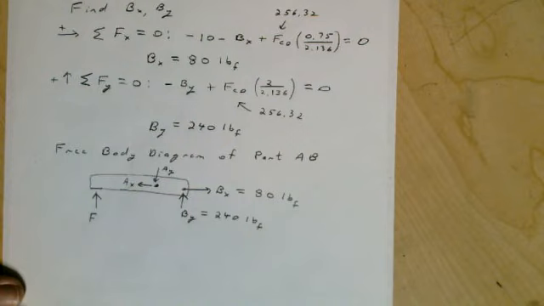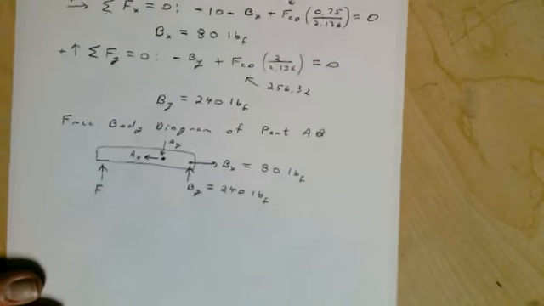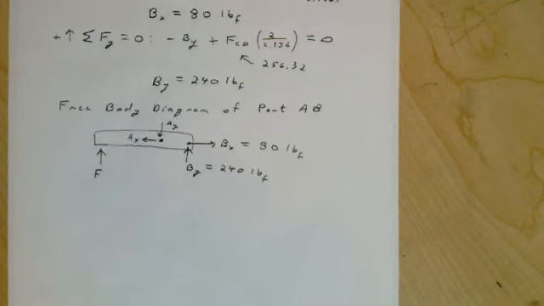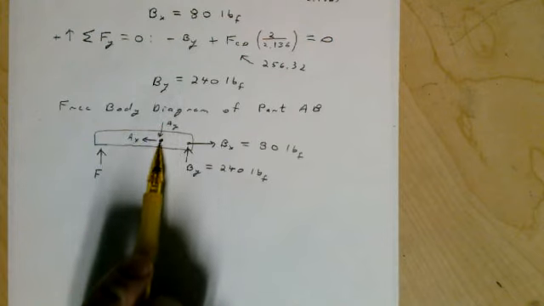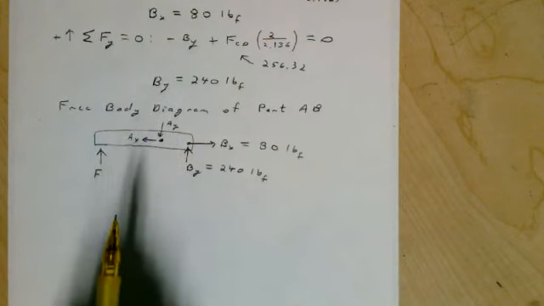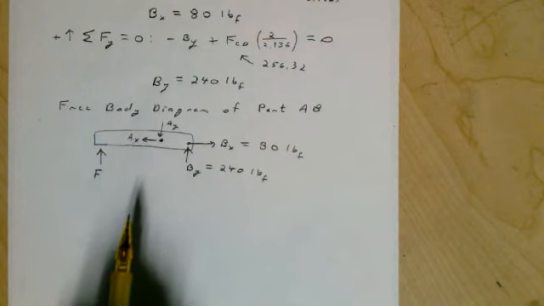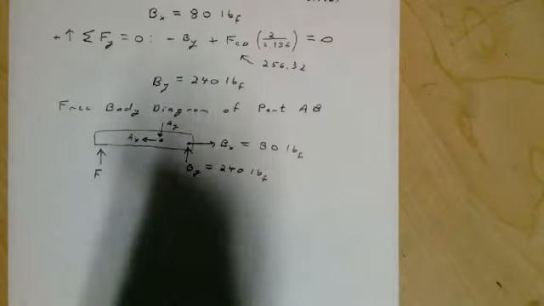And so now let's see, we want to find F. Now, right here, you can see if we want to find the force F, all we have to do is sum the moments about this point A here. And we should put some dimensions on our picture here.